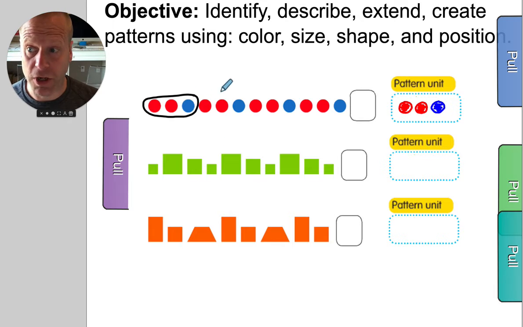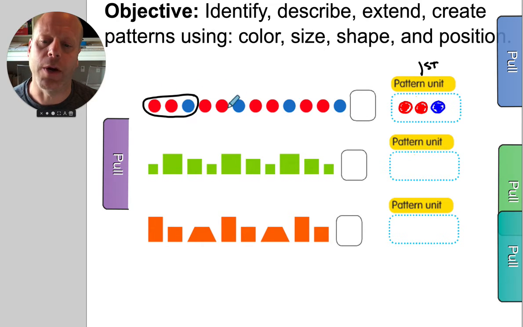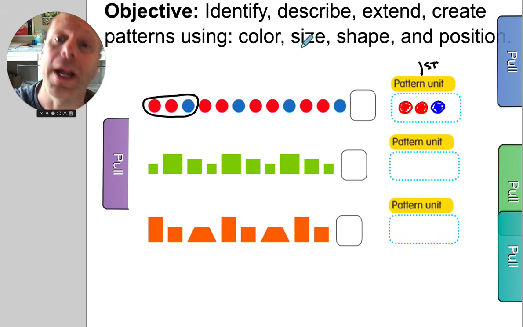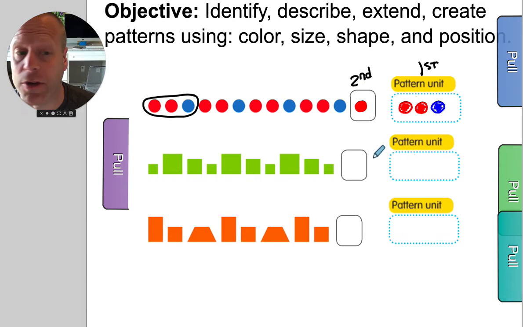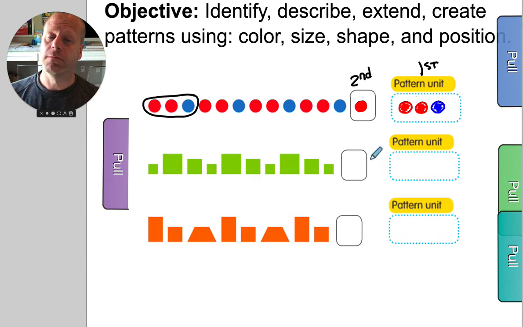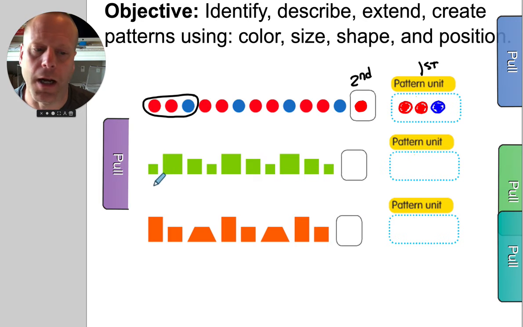That's the first thing you need to be able to do. Do that first. After you do that, then I want you to go through and extend the pattern. Red would be the next item. Do this part second. It doesn't really matter probably how you do it, but this is how I think about it. You're going to find the pattern unit and extend the pattern.